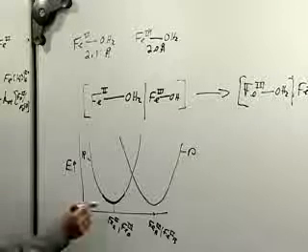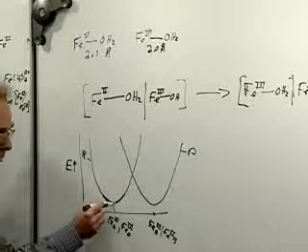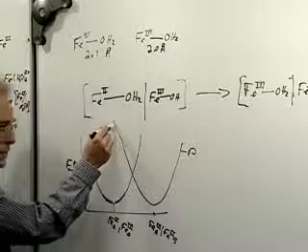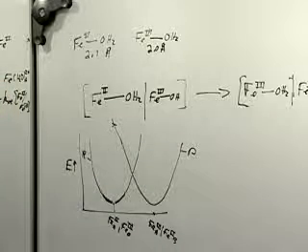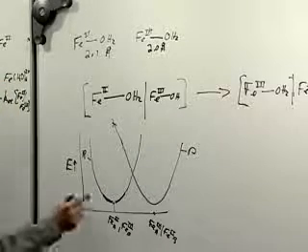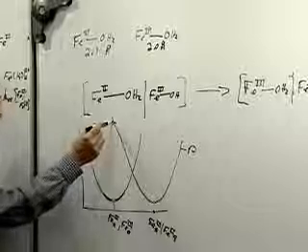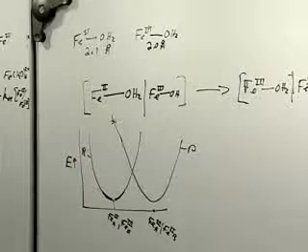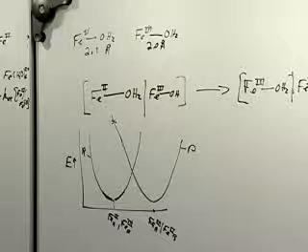If you start out here and you transfer the electron, you would end up at this point up here. And there would be a net energy gain. You'd have more energy up here than you had down there. And the problem is, how does that energy get in?